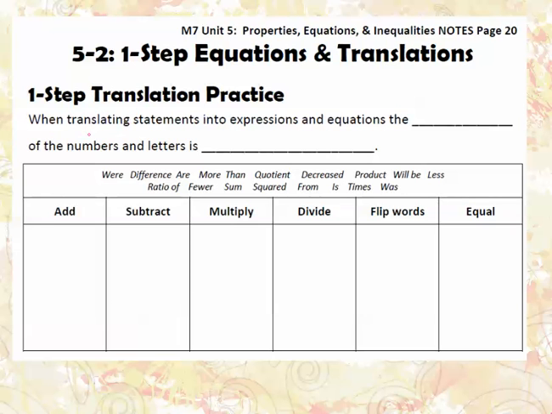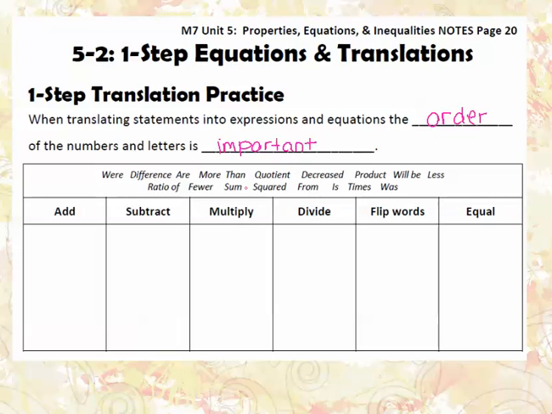So when translating statements into expressions and equations, the order of the numbers and the letters is important. And just like whenever we were translating equations in our order of operations unit, we're going to have different keywords that we need to look out for.